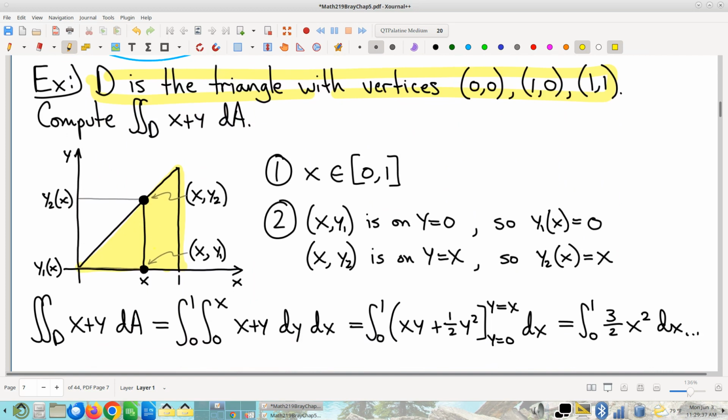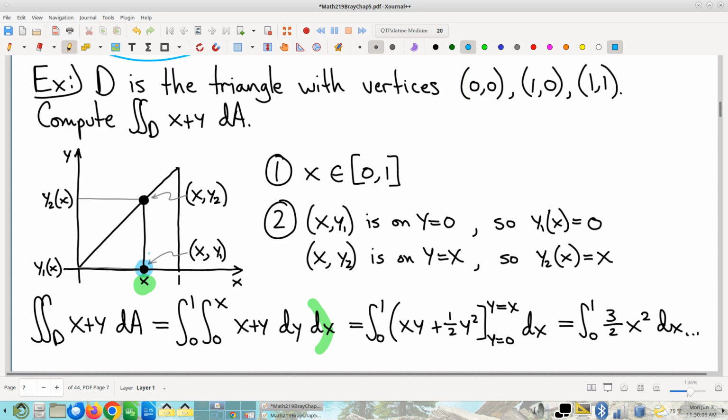Let's see here. So for a, I'm slicing this the other way, it looks like. So we've got x going from 0 to 1. And then we're going to focus one at a time on individual values of x. For that specific value of x there, my lower bound for y comes from this point.